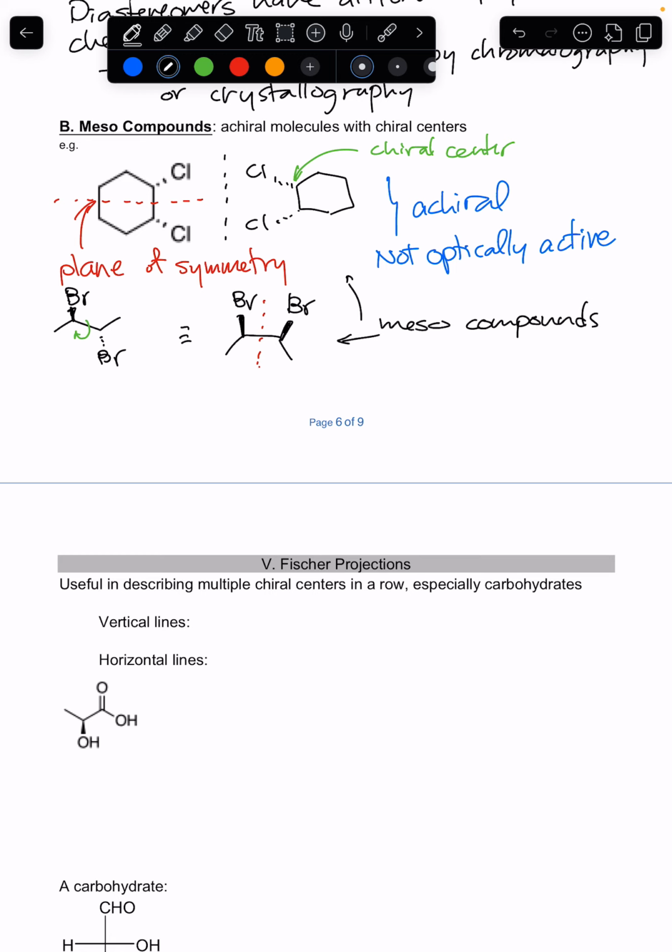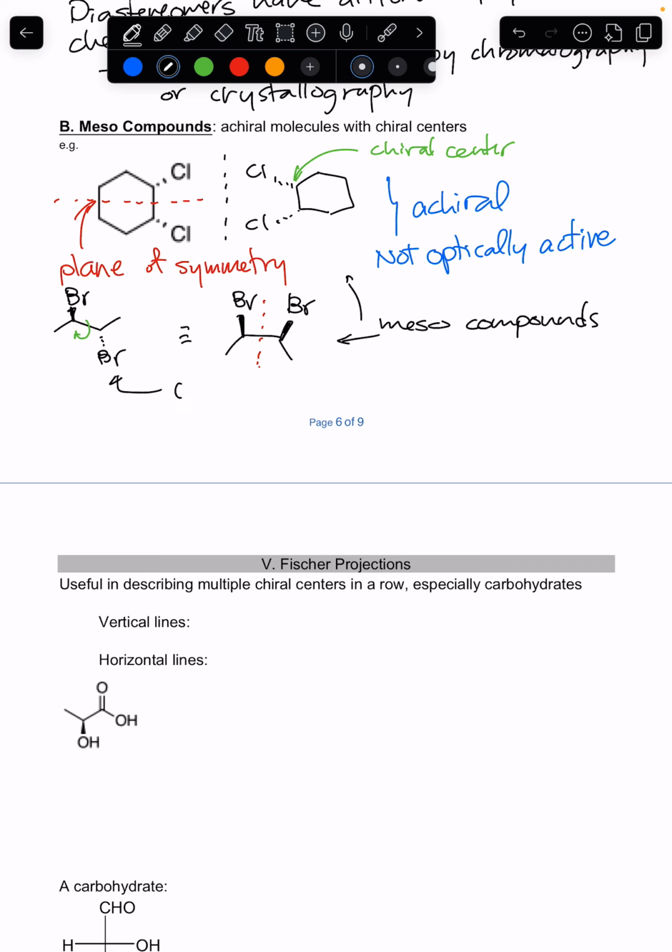One of the ways you could figure this out without drawing or a molecular model kit is to name the molecule. If you name this molecule, assigning R and S, I hope it makes sense that the first one here is 2R.